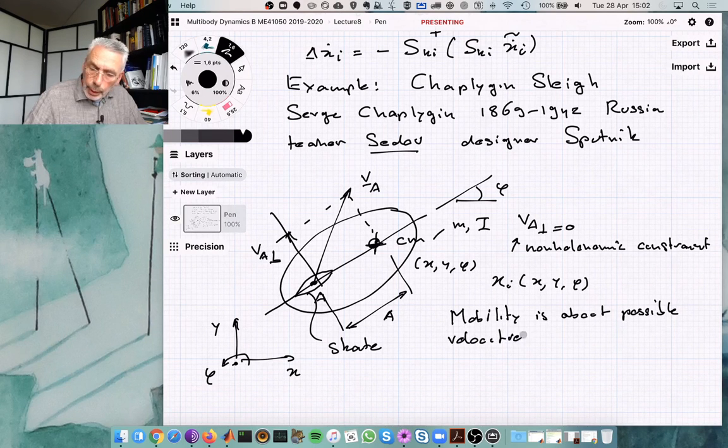In this case, because we have one non-holonomic constraint and 3 coordinates, this mobility is 3 minus 1, is 2. So the velocity mobility is 2.